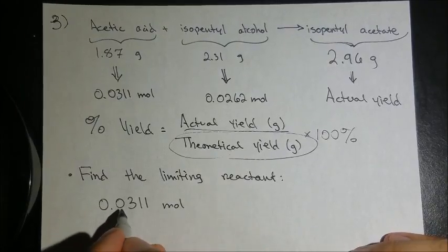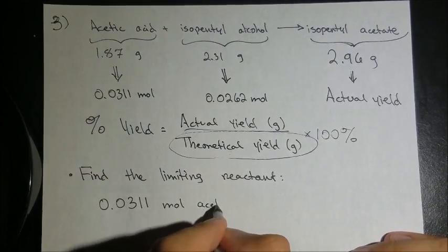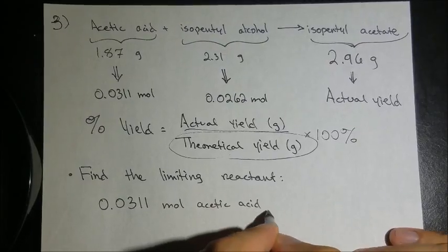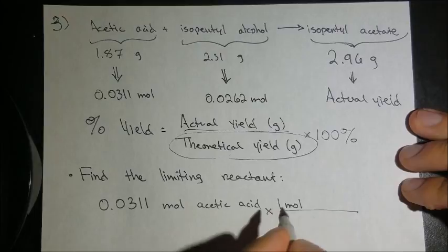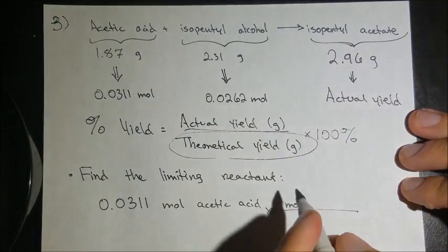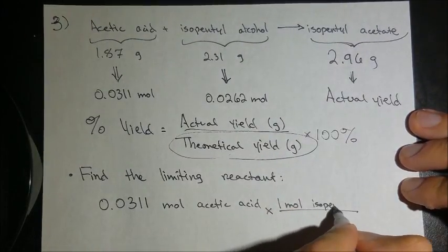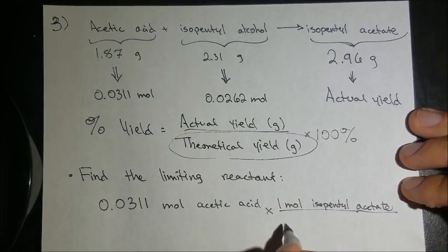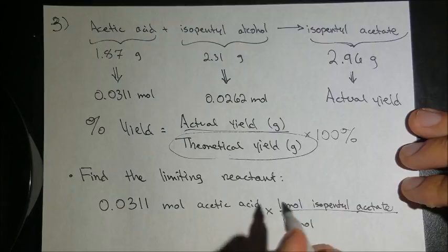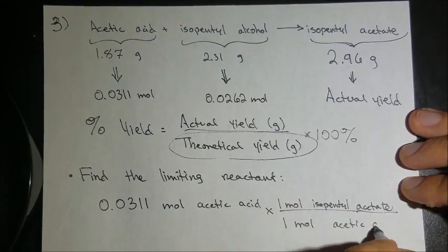So we've got 0.0311 moles of acetic acid, and then we have a 1-to-1 mole ratio of our product, isopentyl acetate, and 1 mole of acetic acid.